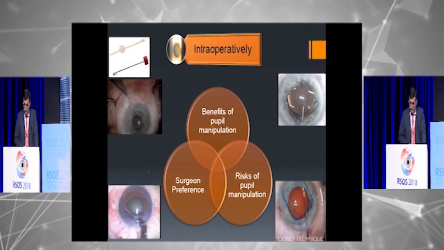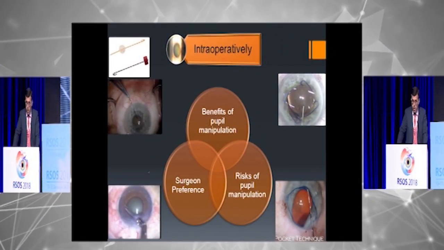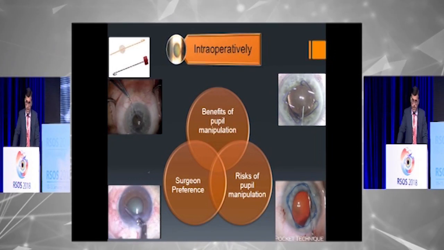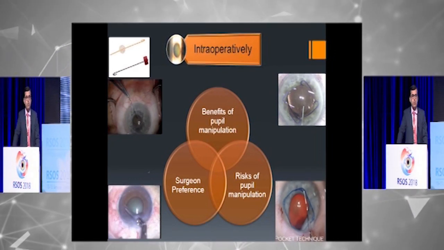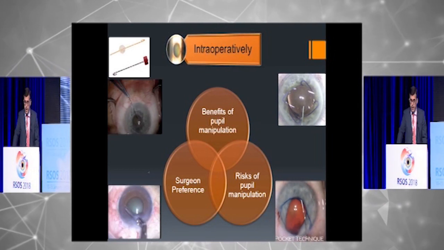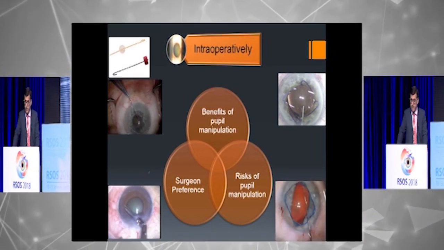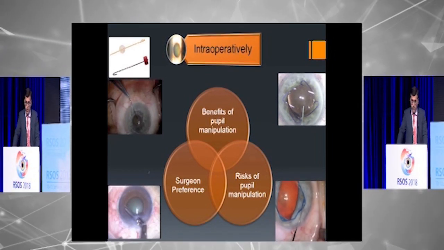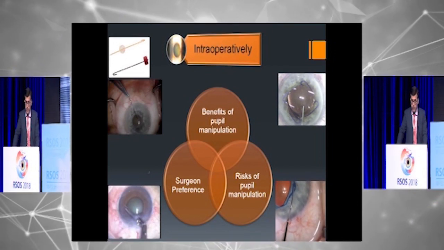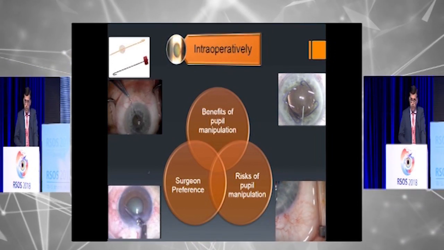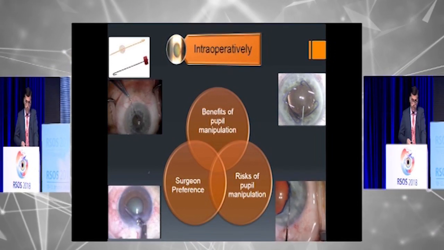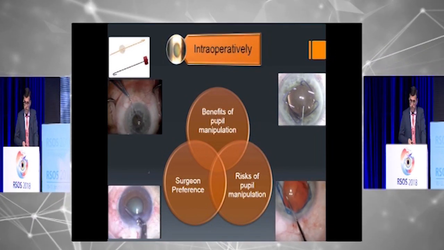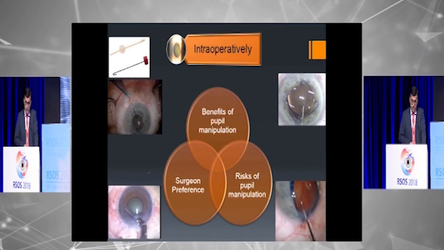Intraoperatively, there are a lot of adjunctive devices that can be used to dilate the pupil during the surgery of a patient with pseudoexfoliation. We have to balance between the benefits of pupil manipulation, what the surgeon prefers to use, and the risk of pupil manipulation.